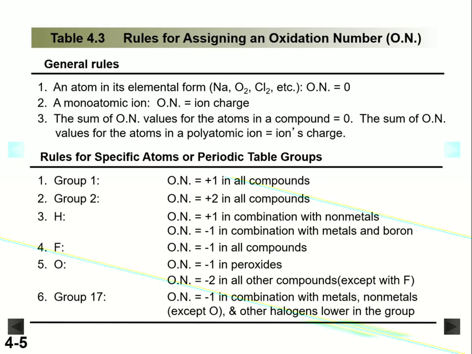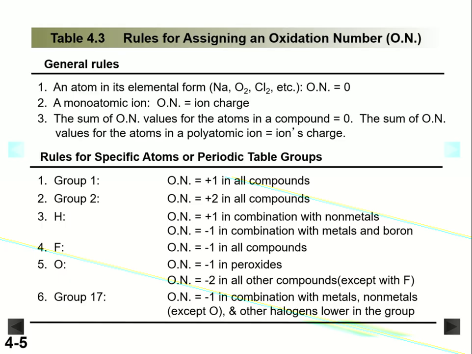Fluorine is -1 in all of its compounds. Oxygen is usually -2, except when it's bound with fluorine, in which case, fluorine is always -1, and oxygen will have whatever it needs to balance out the compound.